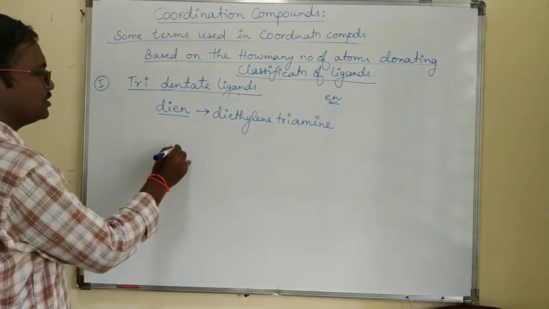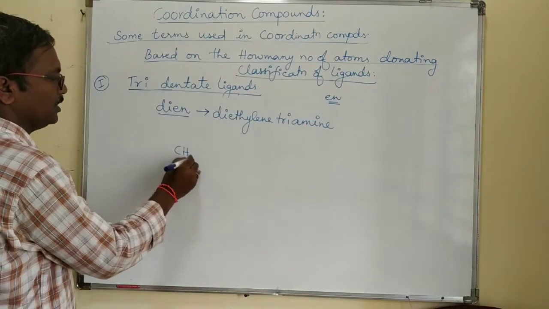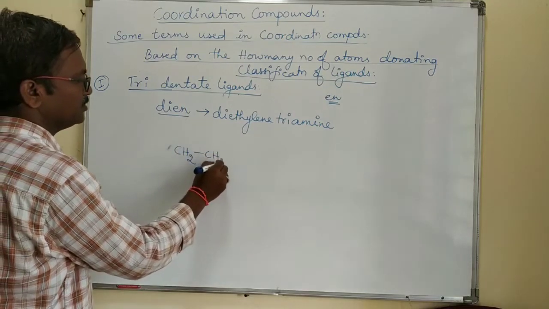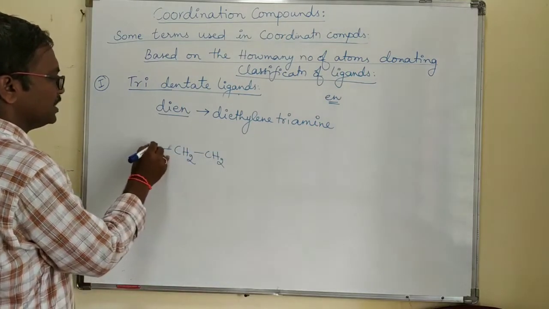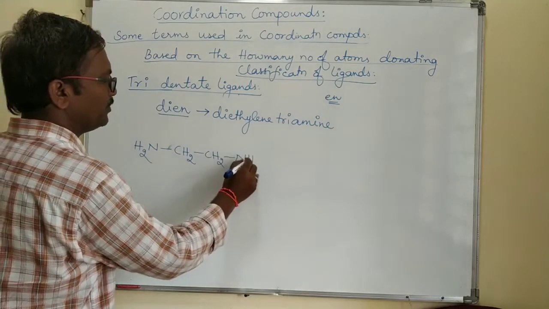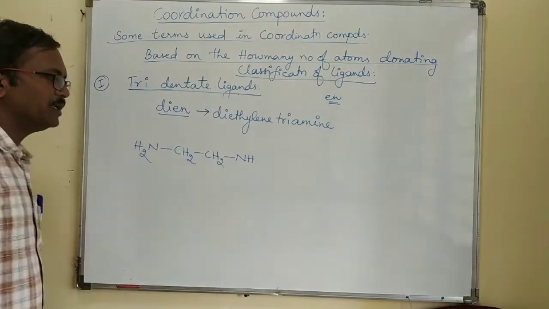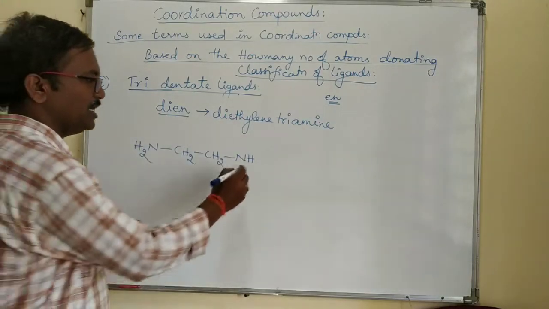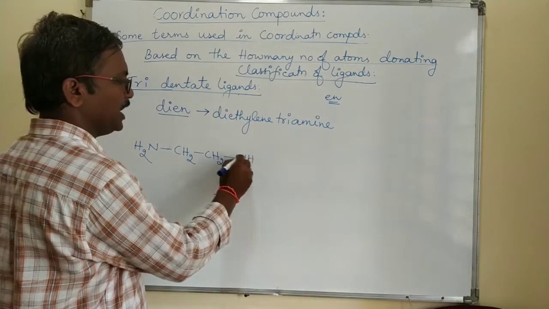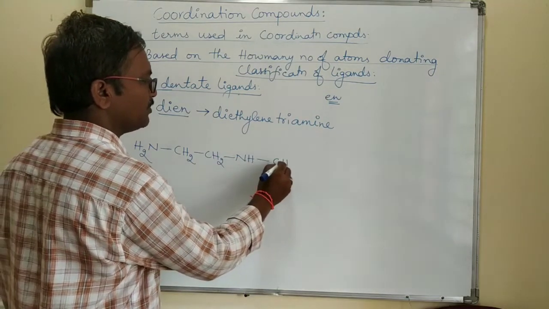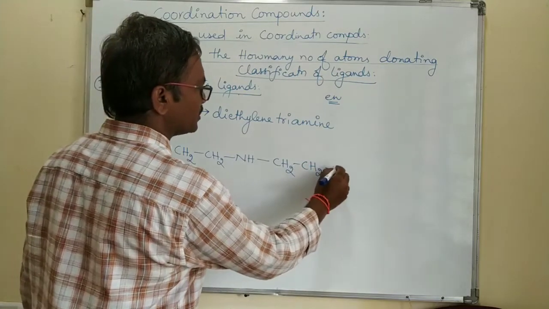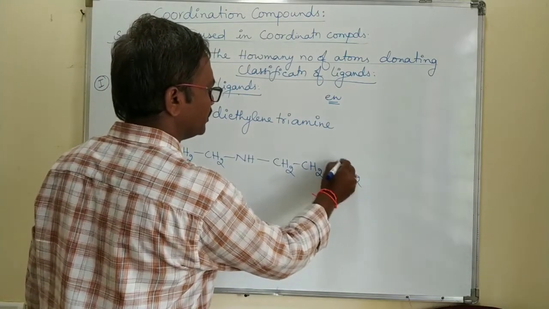Diethylene triamine. So CH2, this one is the ethylene diamine, if it is NH2. Diethylene means it must be NH, so you have to write one more CH2. This one is the NH2.